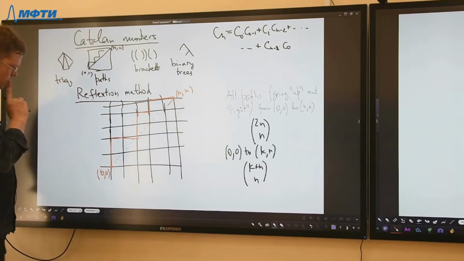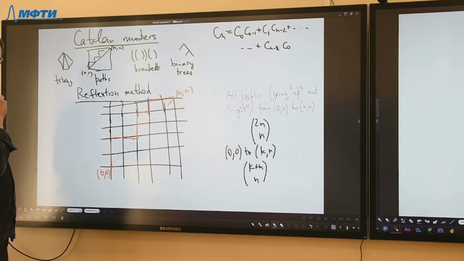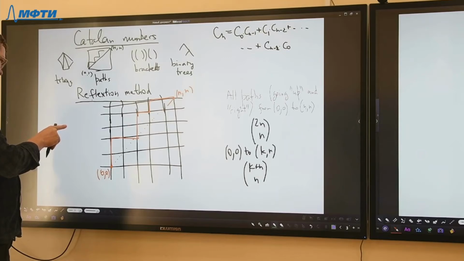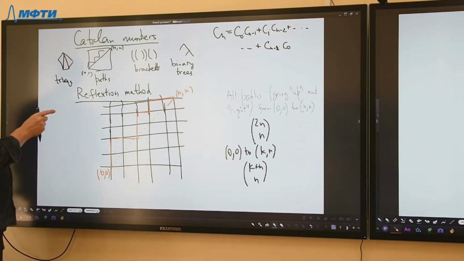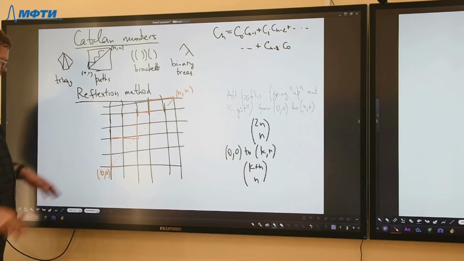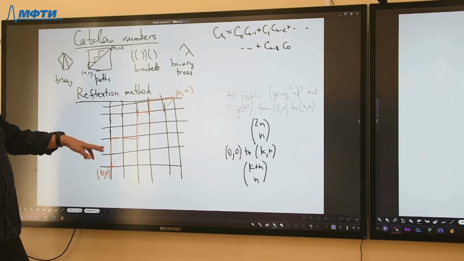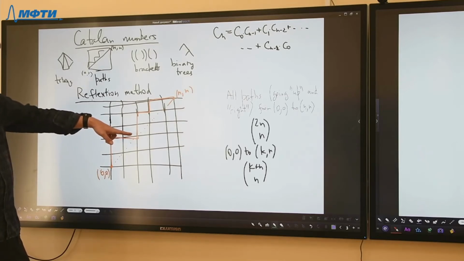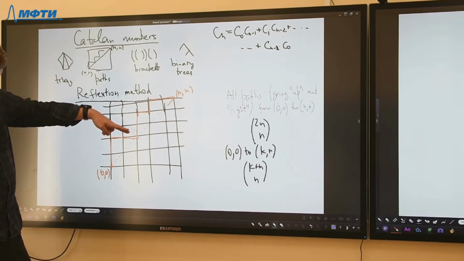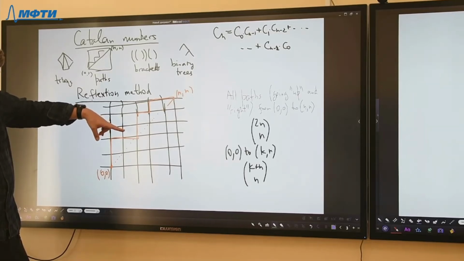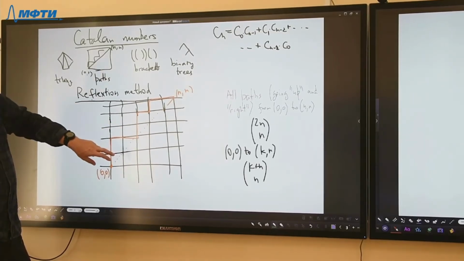I just want to be sure that I do the reflection right. So I want somehow to look at this path and reflect the first part, up to the first intersection with the diagonal, under the diagonal.